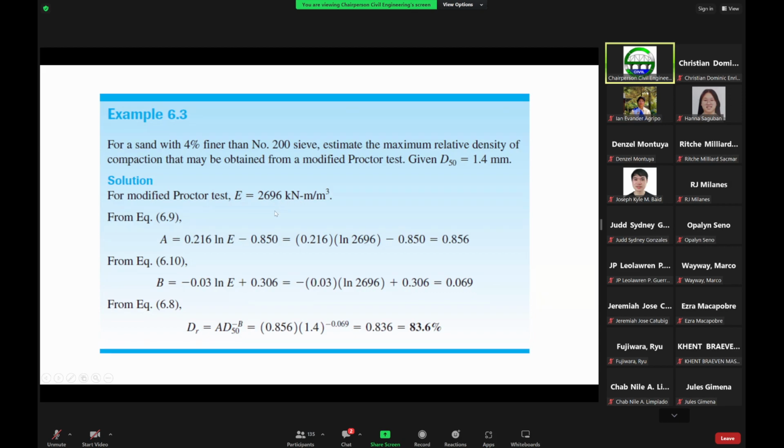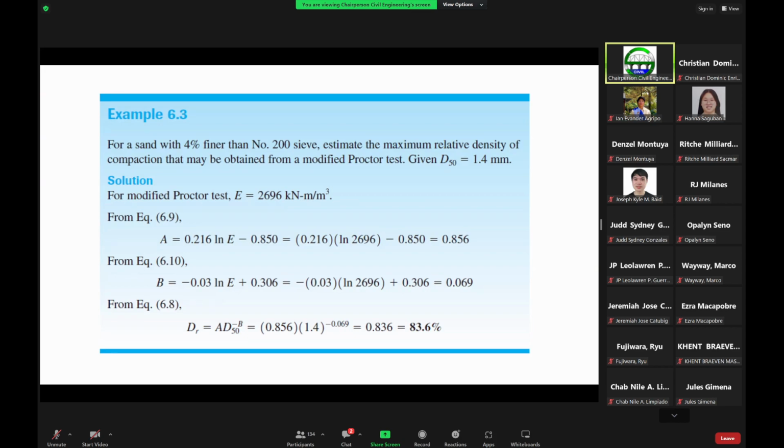So we substitute these two values here. That will give us the values for A and B. Then substitute these values in this equation, and 1.4 is your D50.